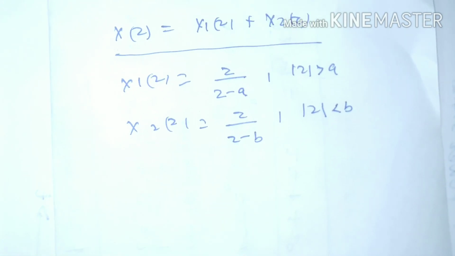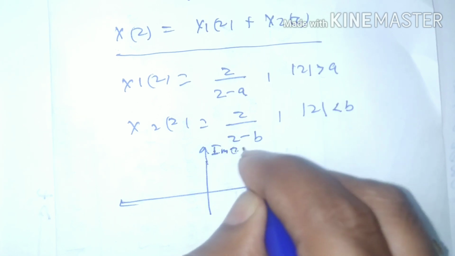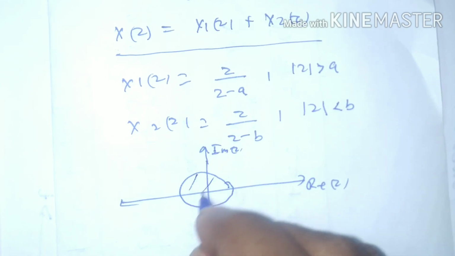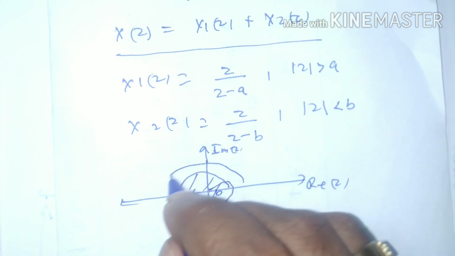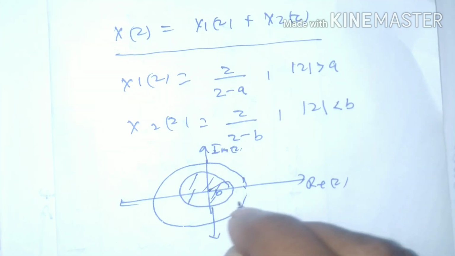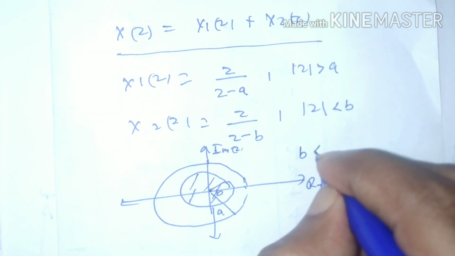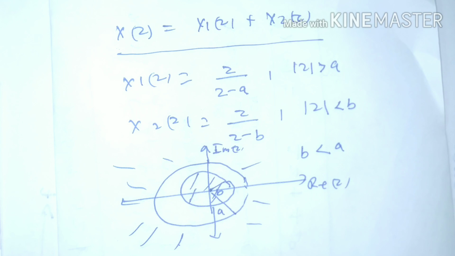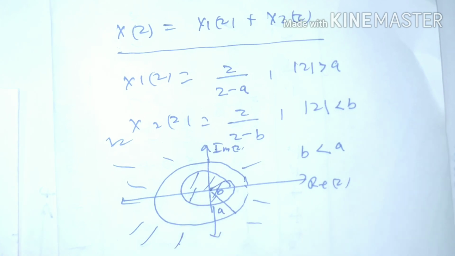Now if we draw its graph, with the real part of z and the imaginary part of z, and put the ROC here, the modulus of z, here it is b, and here it is a, and if we put a certain condition where b is less than a, here is the ROC of X2(z) and here is the ROC of X1(z), where a is greater than b, then we can see that it has no intersection part.